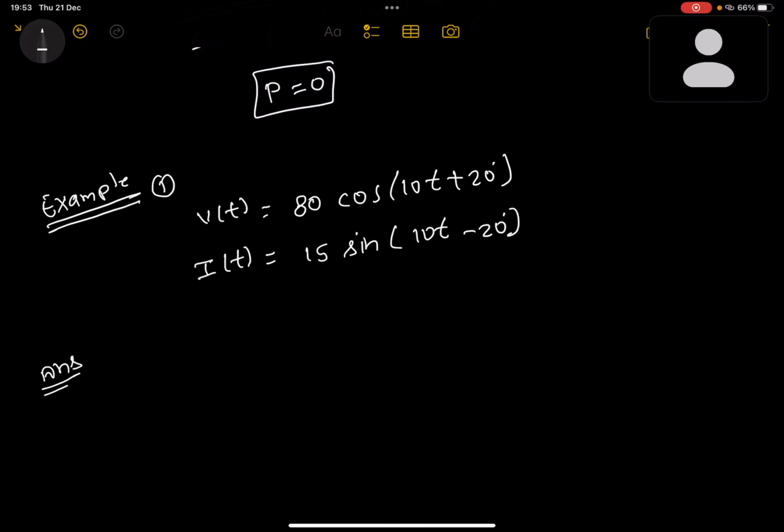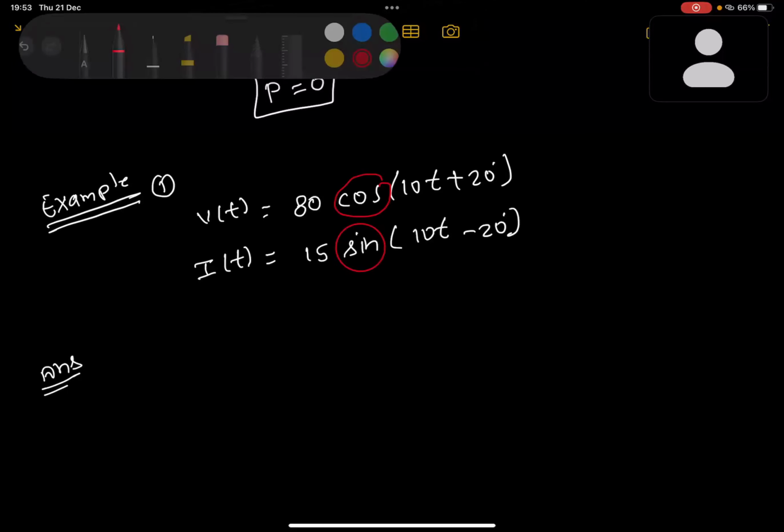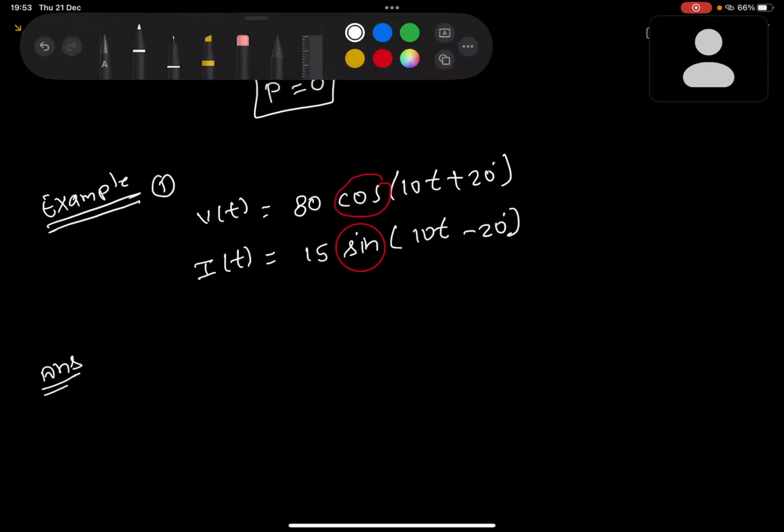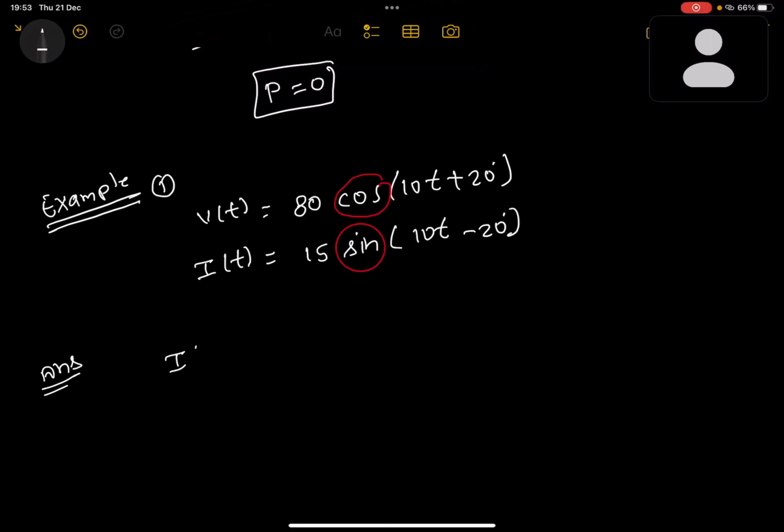But remember one thing: this one is a cos term, so you have to convert sine into cos, so that both have the same form, either cos or sine. Now I am going to convert the current into a cos term.